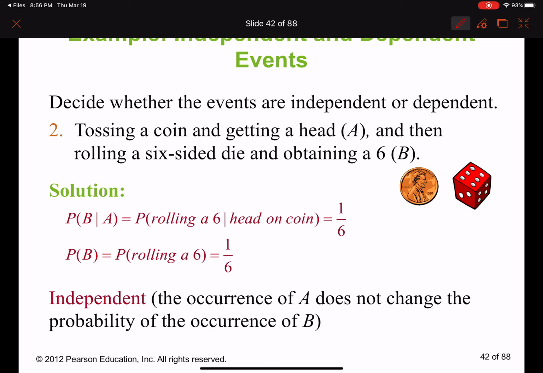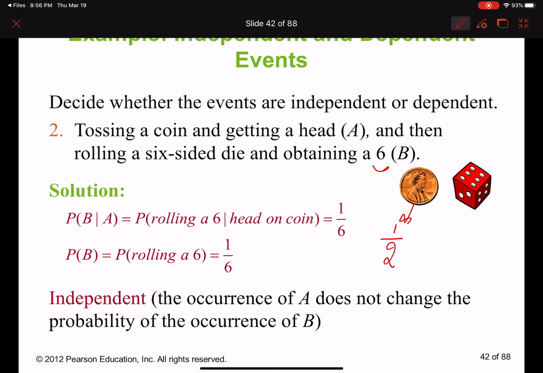Okay, let's make things clear. Tossing a coin and getting a head is going to be 1/2, right? And then rolling a 6-sided die and obtaining a 6.